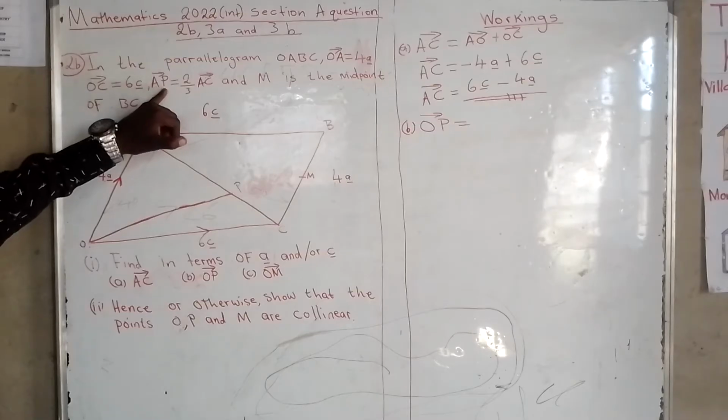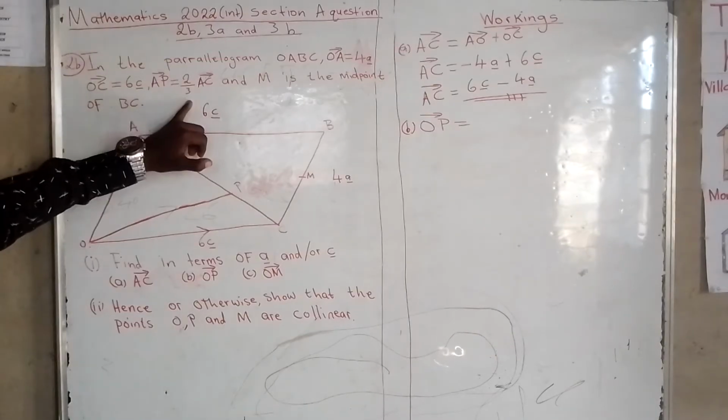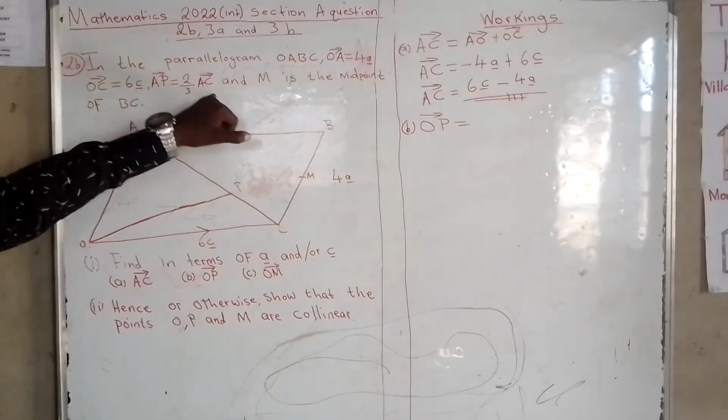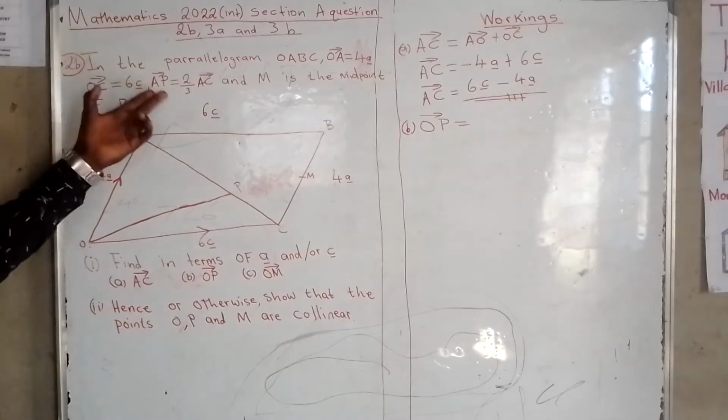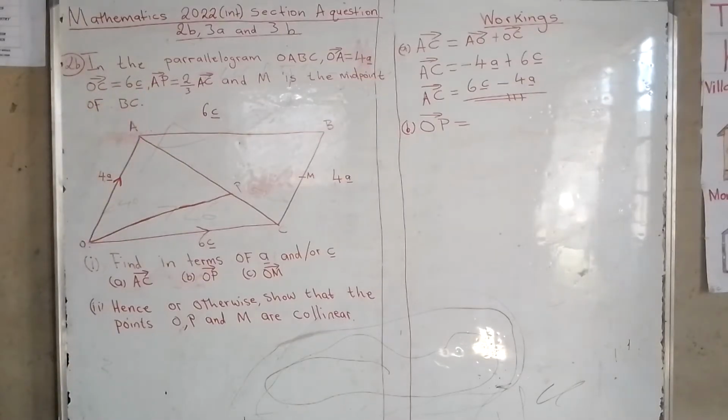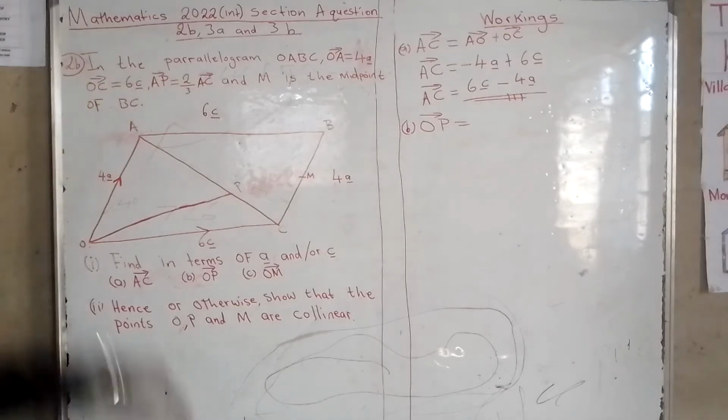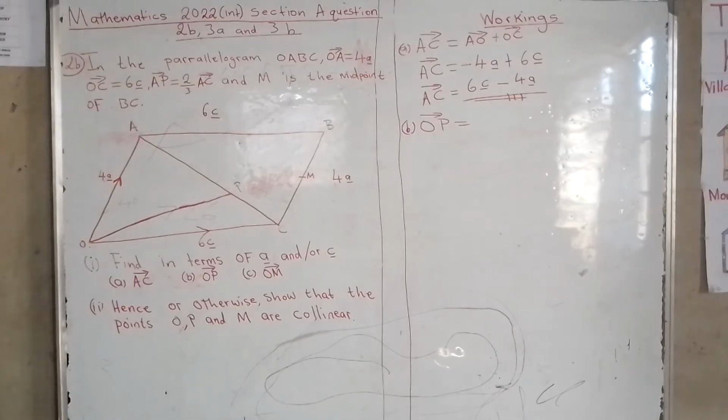It's saying AP is equal to 2/3 of AC. So I can use AP because the root AP has been given in the question. No wonder I was saying sometimes you find that the answer is just hidden in the question. No wonder you first really need to understand what the question is talking about.